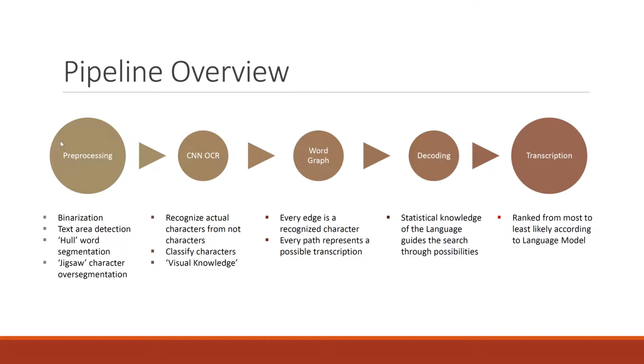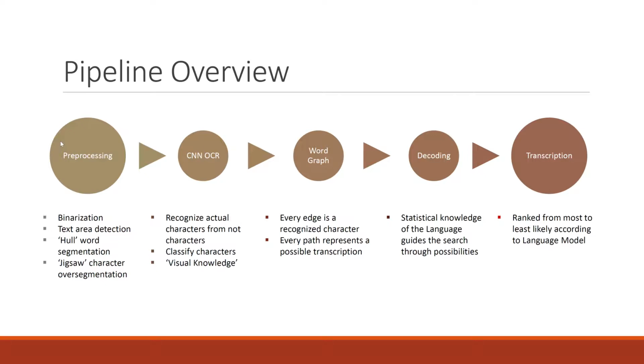And then we isolate the single words, and then inside of the single words, we try and find characters. Then we have a neural network, which was trained with the examples that I have shown you earlier, that is not only able to tell which character it is, but also able to distinguish whether a segmentation is good or bad.